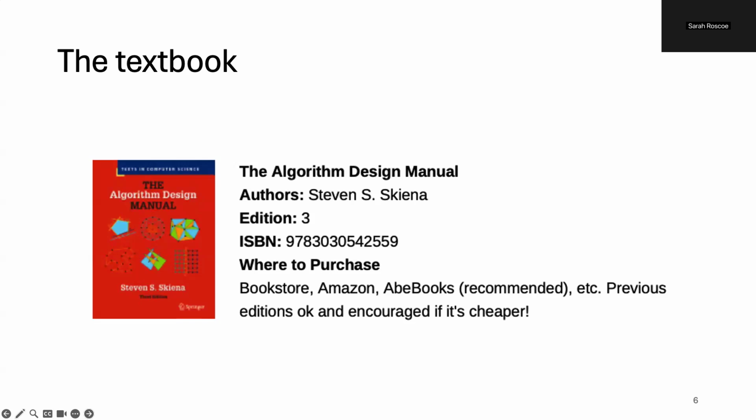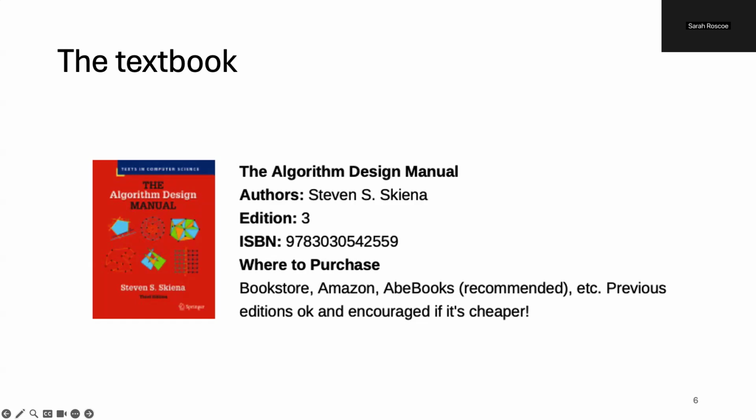Previous editions are okay. They may just be missing some of the newer features. I think the newest version has a bunch of problems and a lot of activities, which could be helpful. But if a previous edition is the cheapest one, then go for that.